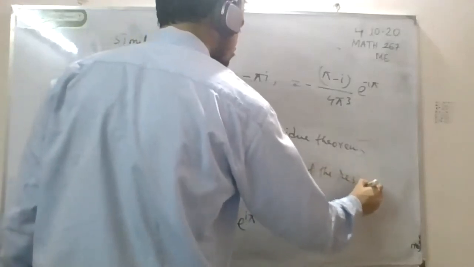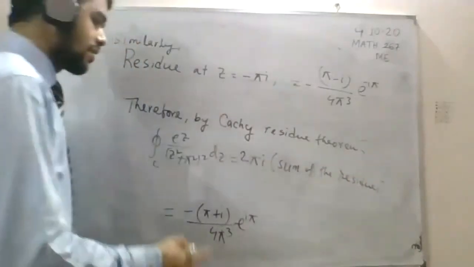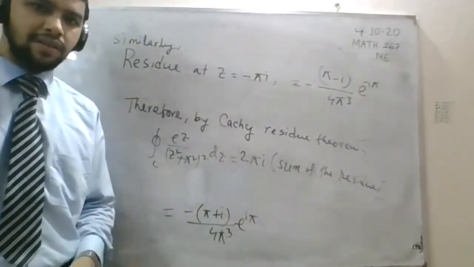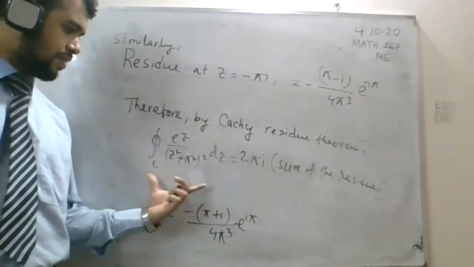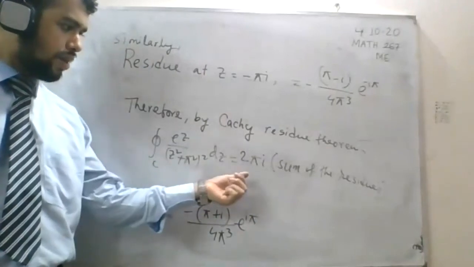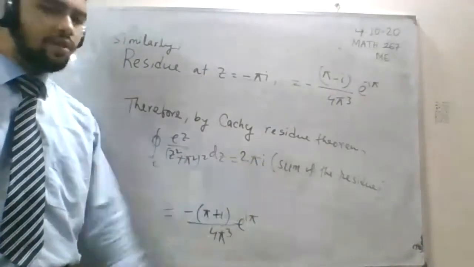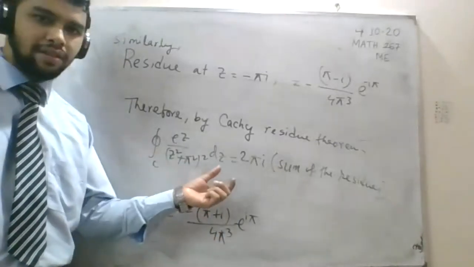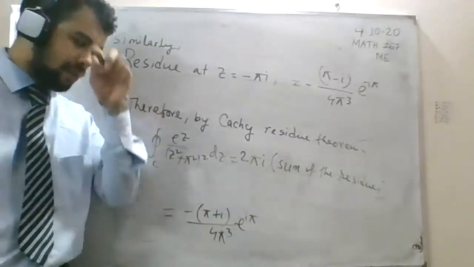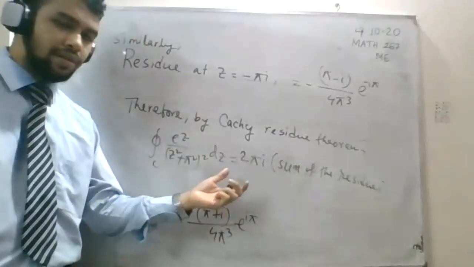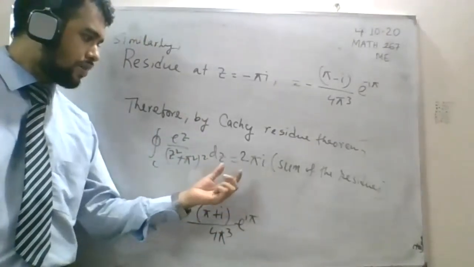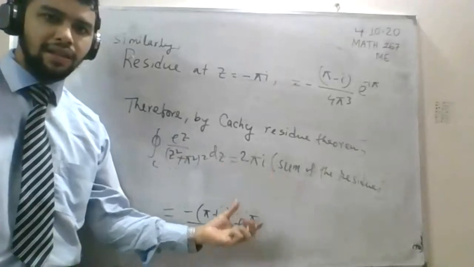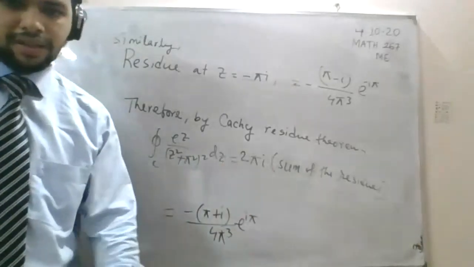Okay, so this is our Cauchy residue theorem, which gives our required integration equals 2 pi I into the sum of the residues, which we have found. So we have found two residues of our given function, and just put those values in here, and you can find your required result.